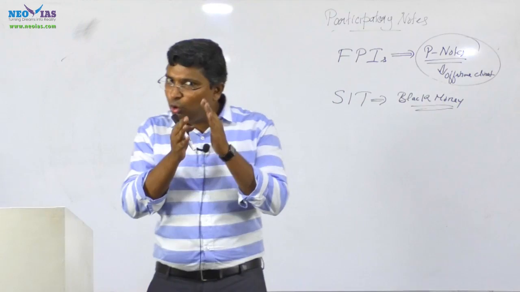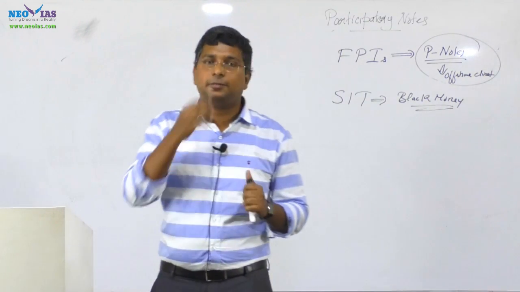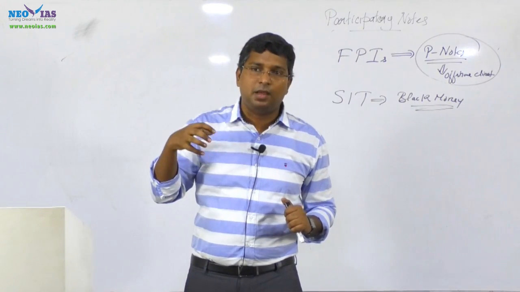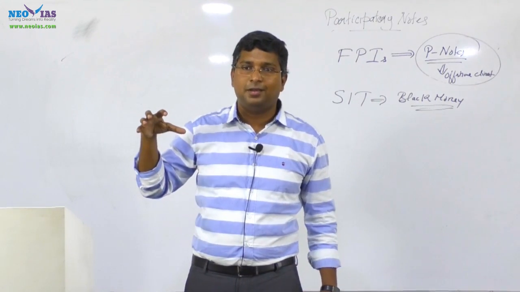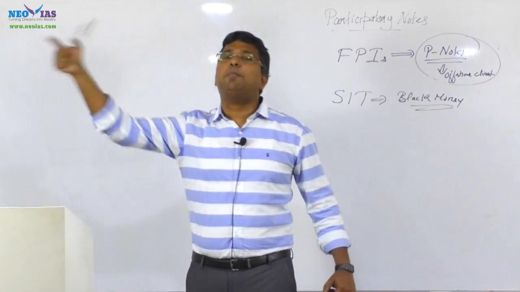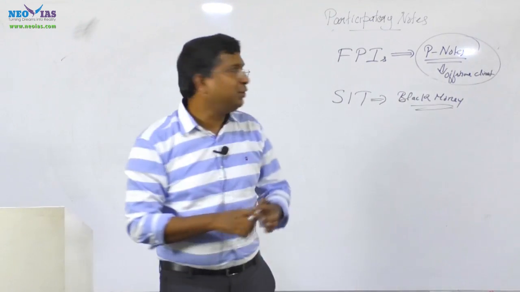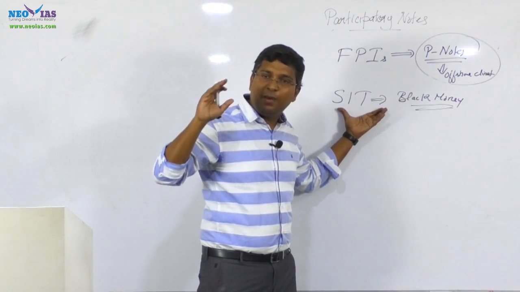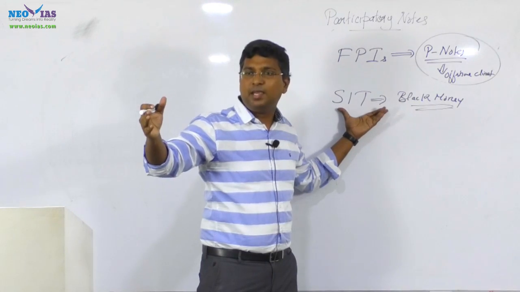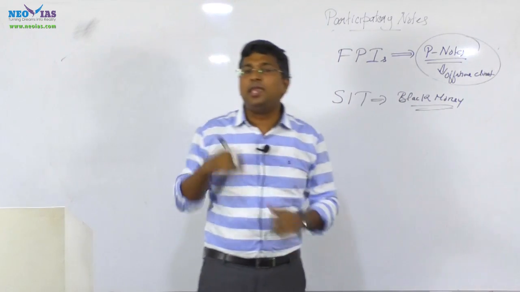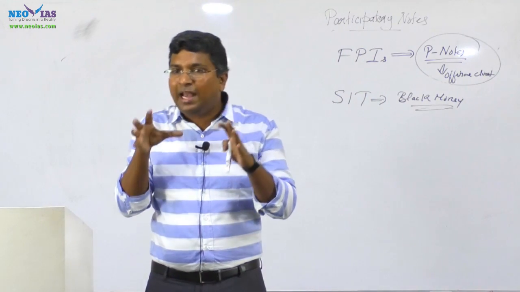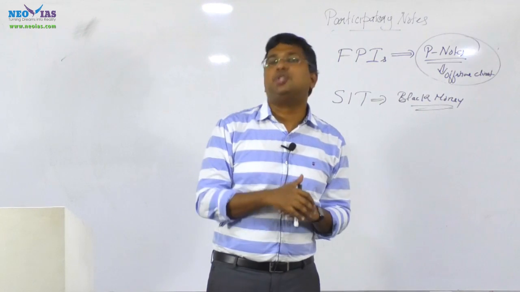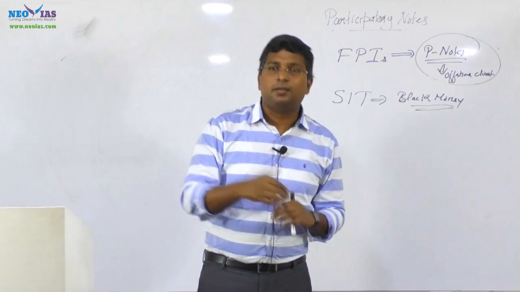Many people with black money have used this route to round trip black money back to India. So the special investigation team recommended that SEBI regulate this sector with stringent regulations.